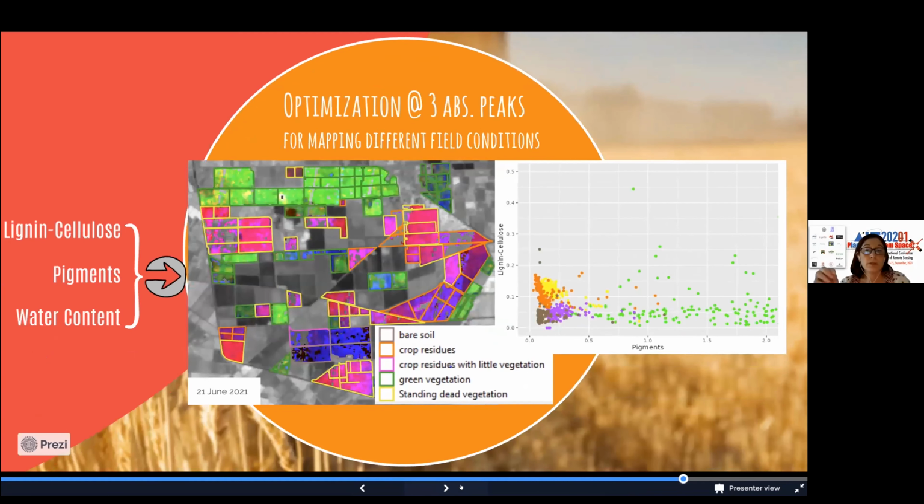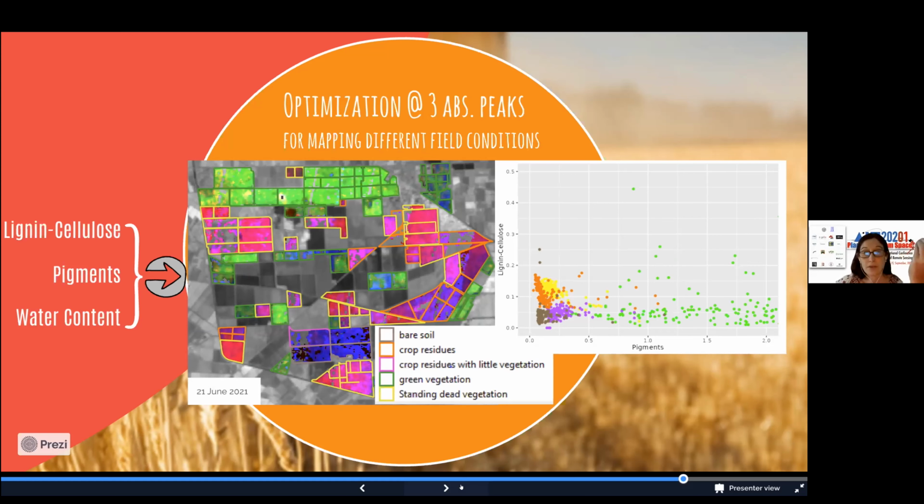So we are encouraged to go on and understand the potential of this band, but not of this band alone. Since on the ground there are different conditions, this is not only crop residues and other stuff, but there are also crop residues with little vegetation, which are typical after a minimum tillage.